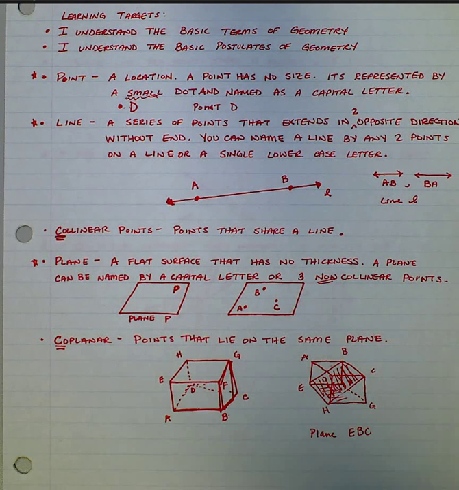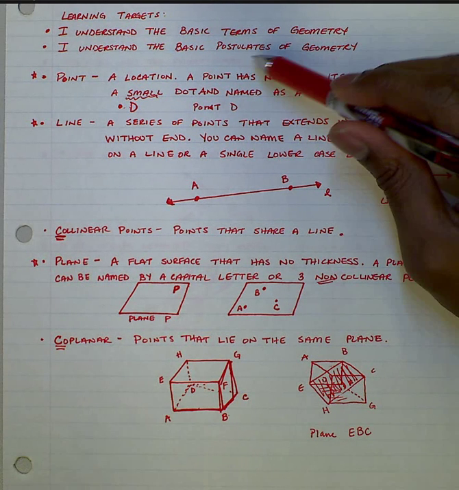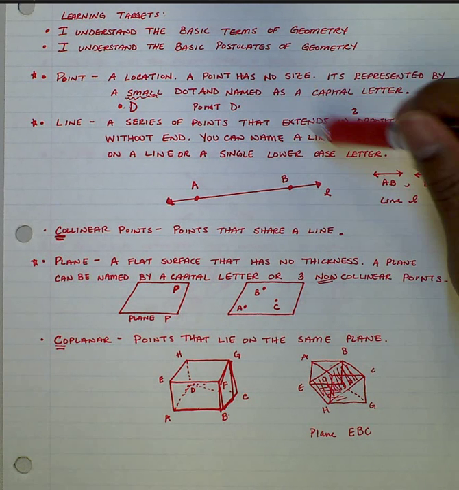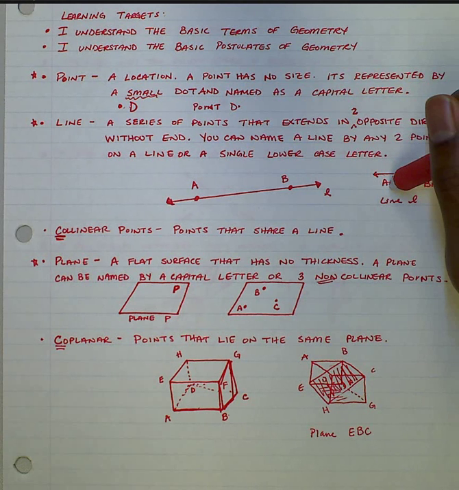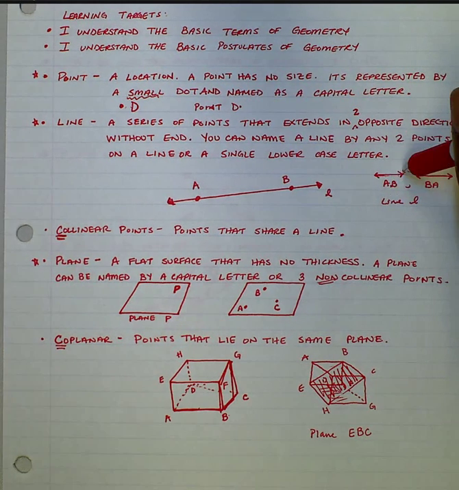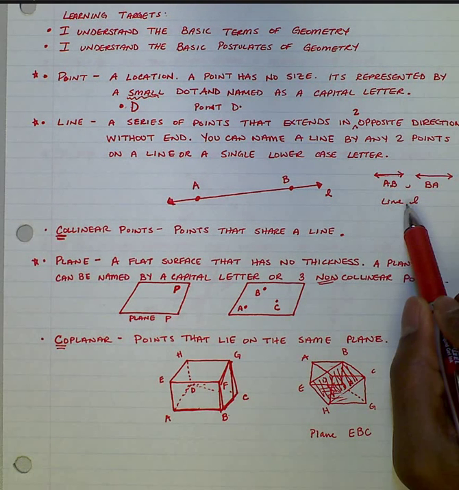So, things that you should remember from here: basic terms, points, lines, planes, and how to refer to them. A location or point is a single capital letter. You can name a line with 2 points on the line and a line symbol over top, making sure you have the arrows to show that it's a line that continues on forever, or just a lowercase letter.